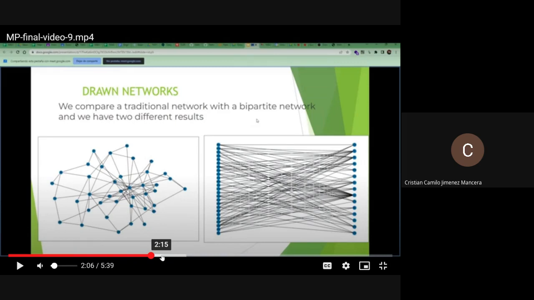As you can see, the nodes in the left and the right part of the second graph don't have edges between them. There are only connections from the left ones to the right ones.